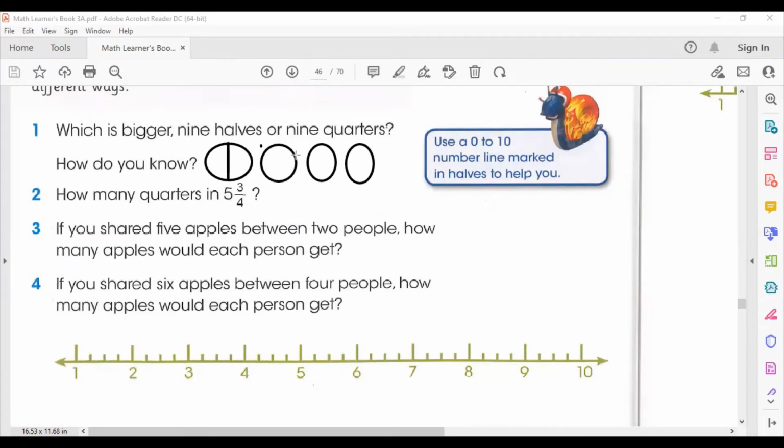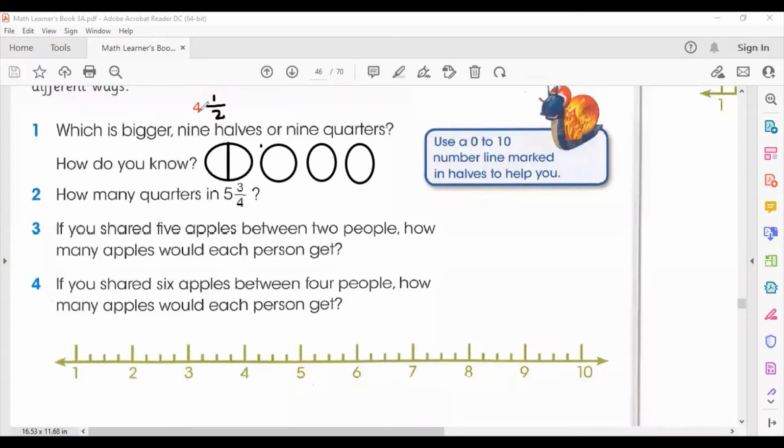So how many circles are complete? 1, 2, 3, 4. So 4 circles and one more half. Half is 1 by 2. So we can write 9 halves as 4 and 1 by 2.